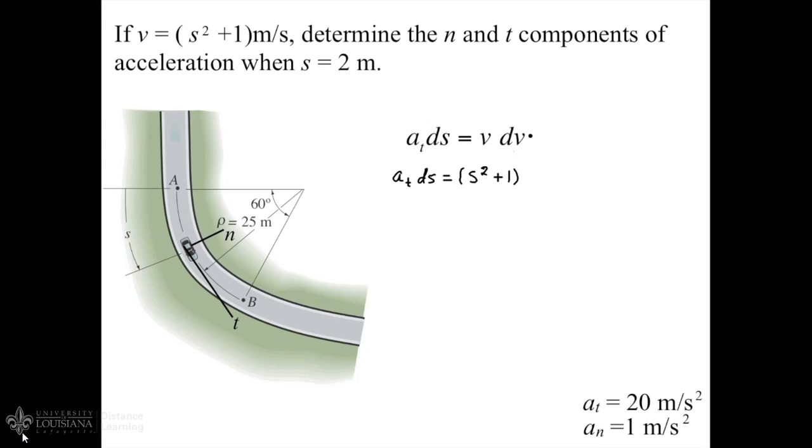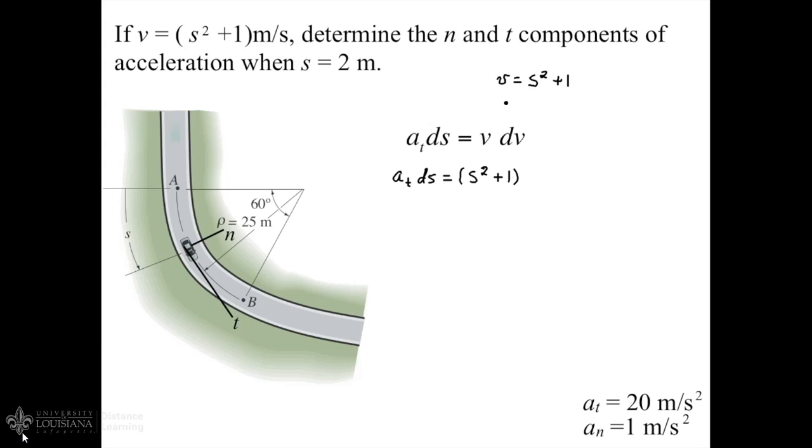And now we need dv. Do you know how to find it? Well, if the velocity is equal to s squared plus 1, I can take the derivative of this with respect to s and find the relationship between dv and ds.